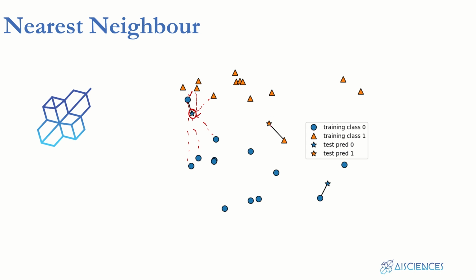And here in this particular case, for example, if this is our point and we want to find out the nearest neighbor, then the way to find out the nearest neighbor is to compute the distance of this point to all the available data points and find out the one which is closest to it, and that is the nearest neighbor.